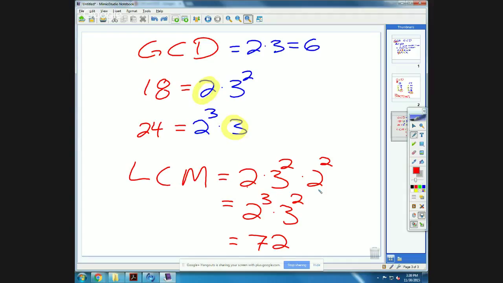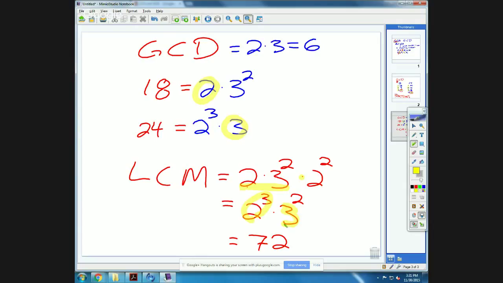Well, do I really have a multiple of 18? Let's see, where's my highlighter? Let's see, 18 is this stuff right here. Multiplied times anything is a multiple of 18. I'm good. Okay, how about 24? What does 24 want? 24 wants a 2 cubed times one of these threes.